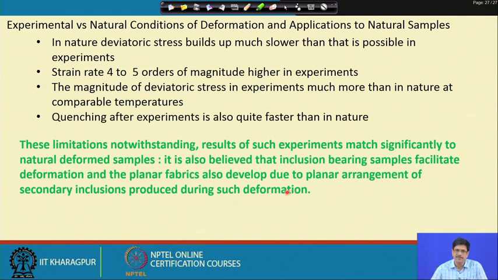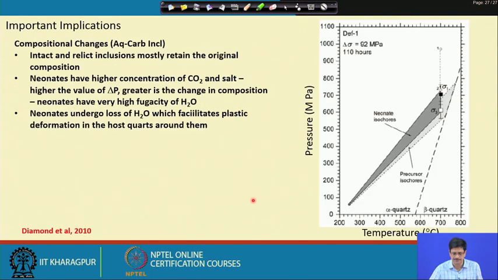And sometimes the very closely spaced inclusion filled micro cracks give a fabric to the samples, which generally is not a feature primary to the samples in which we are studying.